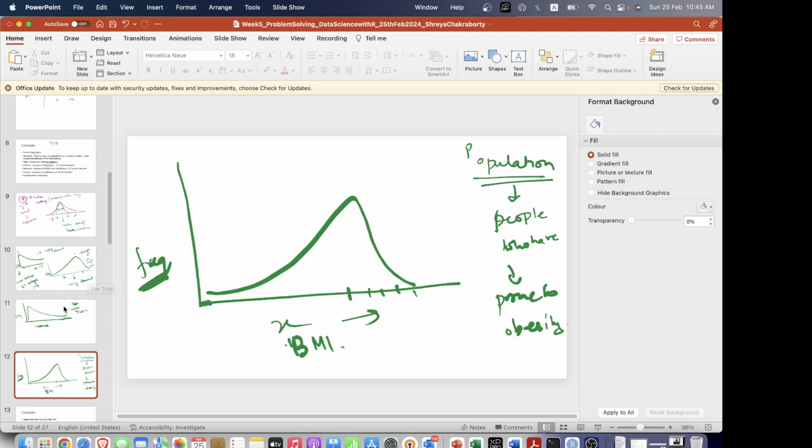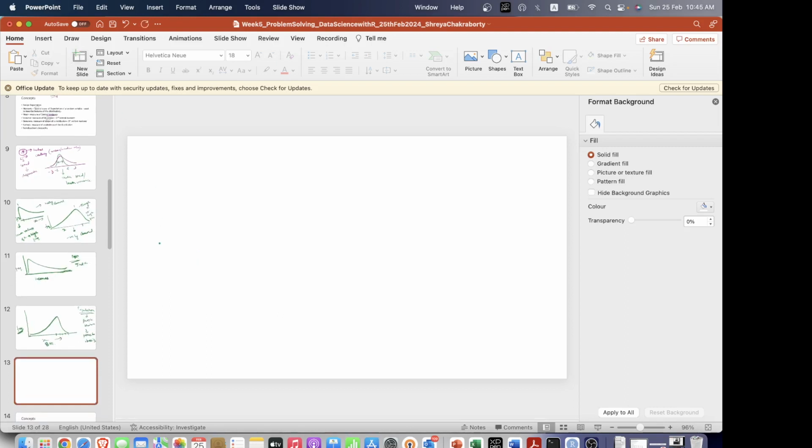Now why do you think we need to learn about whether a graph is skewed or not? Because skewness has several implications. For example, when you have a positively skewed graph, let us consider our income example.